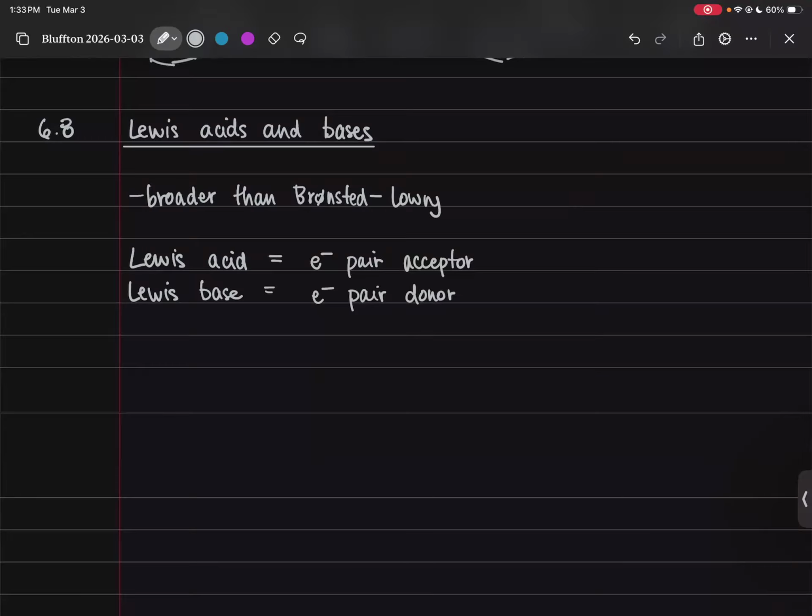And a Lewis base is an electron pair donor. Now, obviously, there's a big difference between proton accepting and donating and electron pair accepting and donating. And in fact, there are a lot of Lewis acids and bases that are not Bronsted-Lowry at all. They don't do any proton transferring.